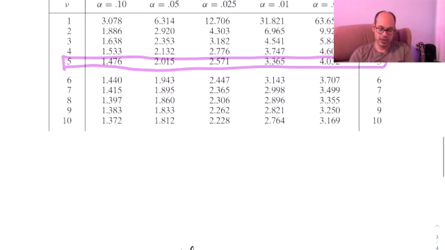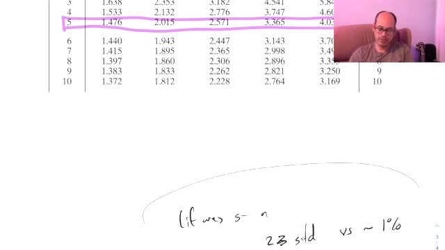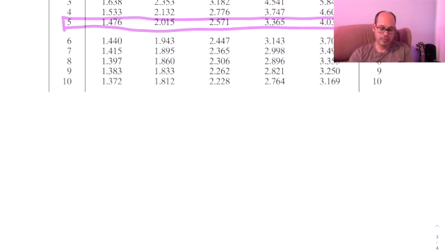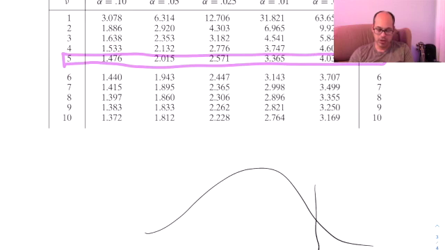If I was to draw one of these t-distributions, we're saying this 1.476 is the place where the area under the curve is 0.1, and over here at 2, this is the place where the area is 0.05.